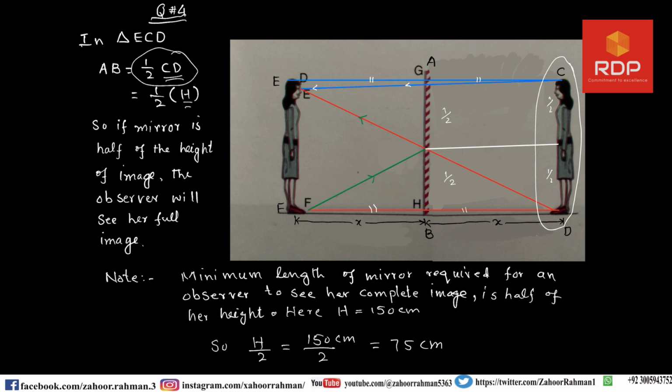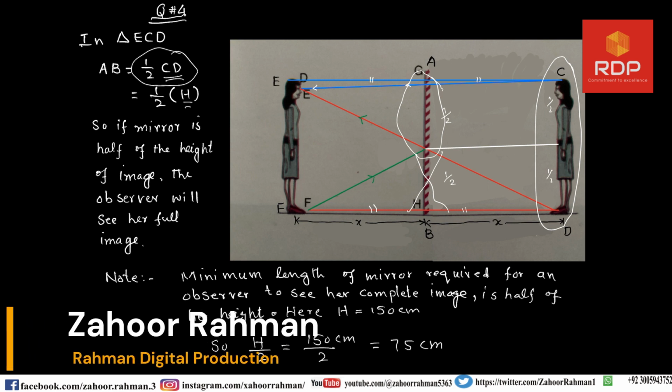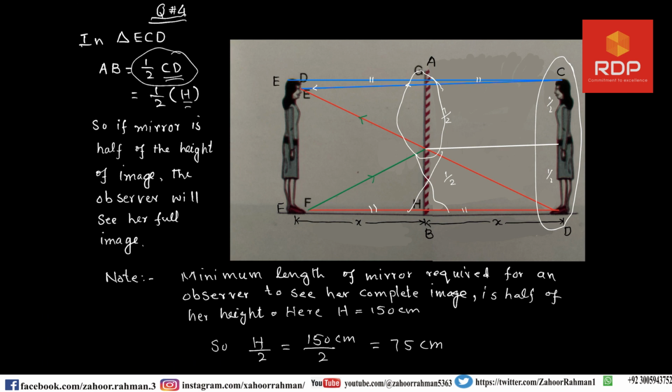If you cut this portion of the mirror and only this much mirror is available, still the person will be able to see her full image. The question was how much of the mirror should be there so that the person sees her full image, and through calculation we found that half of the mirror is required to see her full image.